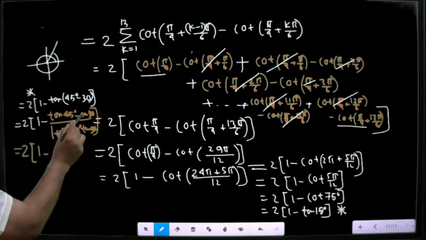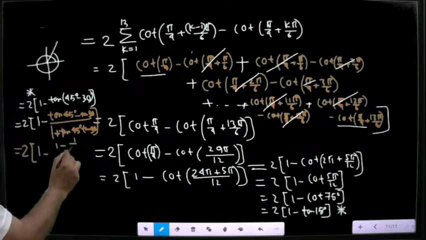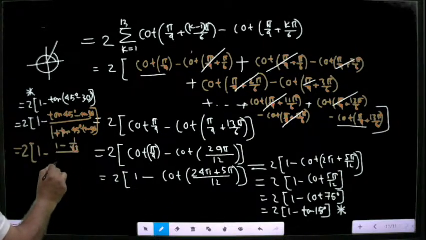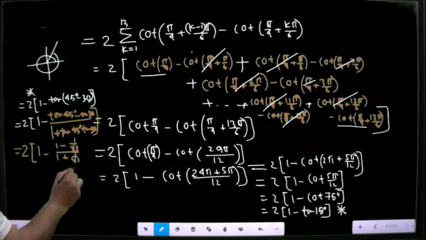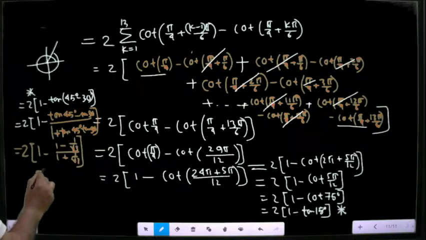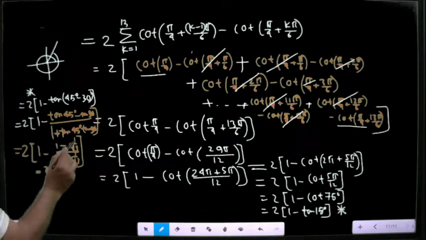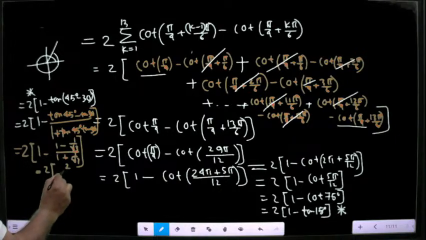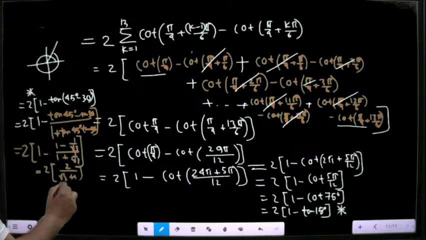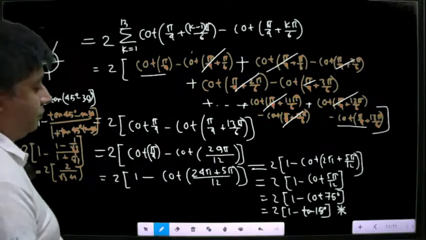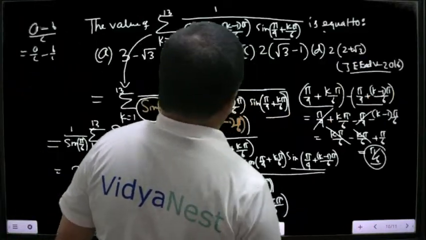It is 1 minus 1 by root 3 over 1 plus 1 by root 3. Take the LCM. You will get what? 2 by root 3 plus 1. Is this matching with the given option?